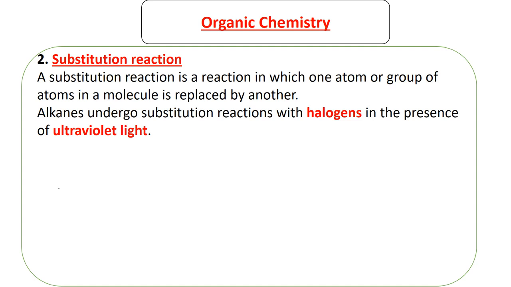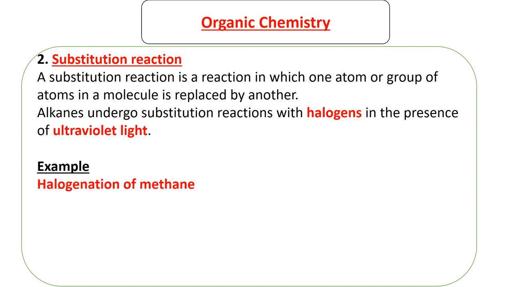Ultraviolet light is also found in sunlight. This ultraviolet light acts as a catalyst. It speeds up the process. So whenever you have an alkane and a halogen, a group 7 element such as chlorine, fluorine, bromine, in the presence of ultraviolet light, a substitution reaction occurs.